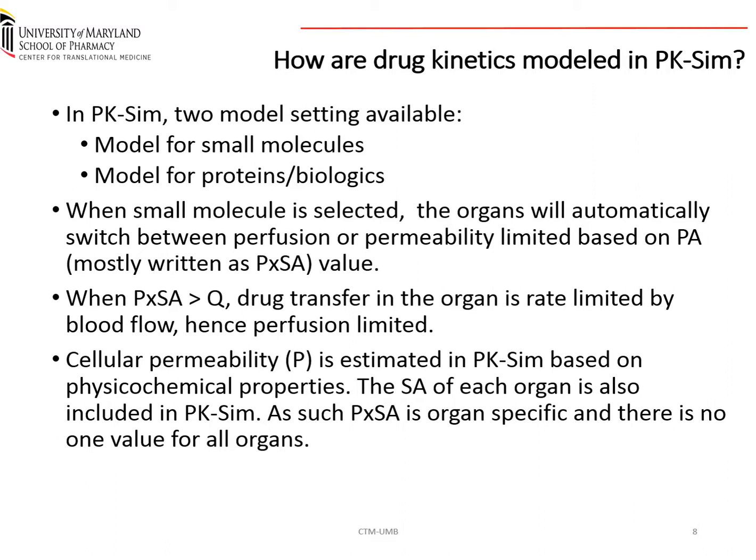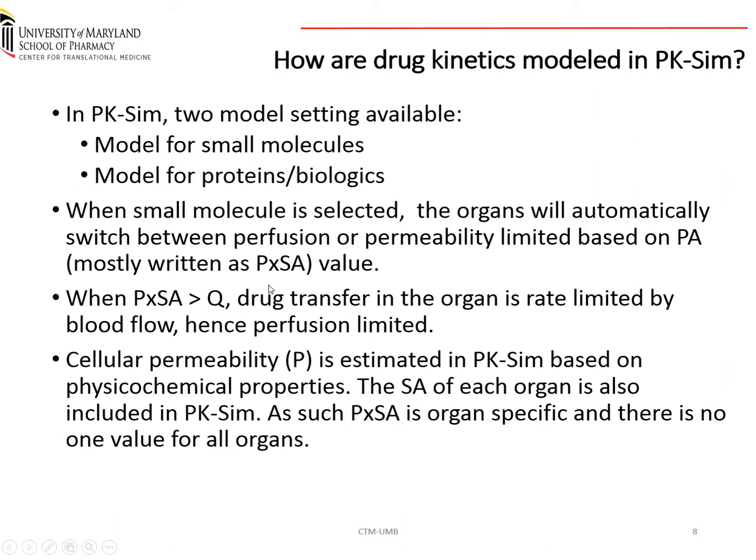So now, how is this model in PKSim? In PKSim, there are just two general settings available. You can use either model for the small molecules, or you can uncheck that small molecule button and it will activate the protein models.